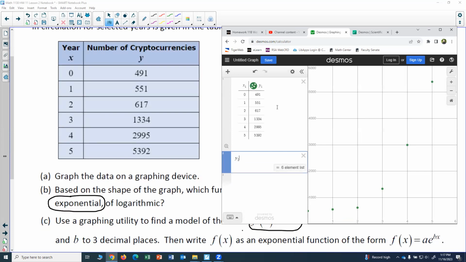Notice that the title of my y column is y1. So I do y1. I want to do a tilde. So I do shift and then the key that's just to the left of the number 1 key on your keyboard. So y1 tilde, and then I'll do a times b to the x1 because my x column is labeled x1.